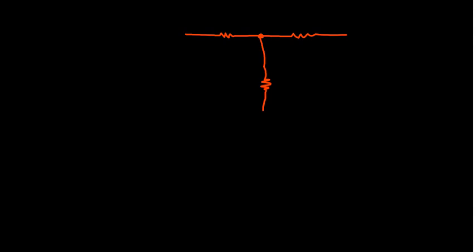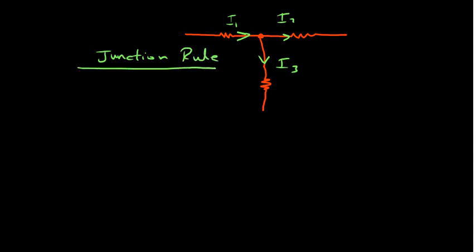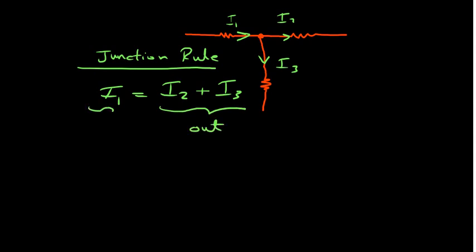I said I will choose that I1 is in, I2 is out, and I3 is also out. So the junction rule says the total current in equals the total current out, which is I2 plus I3. That's out. This one is in to the junction.